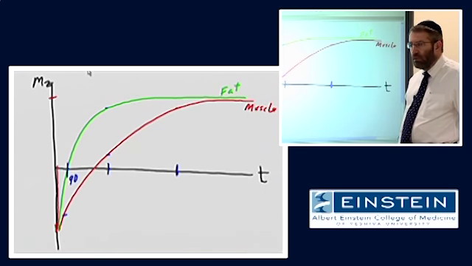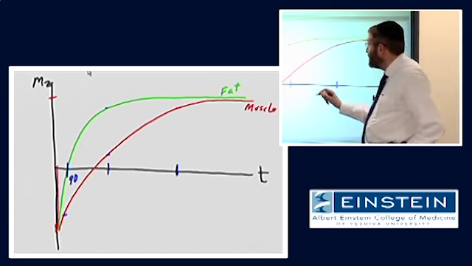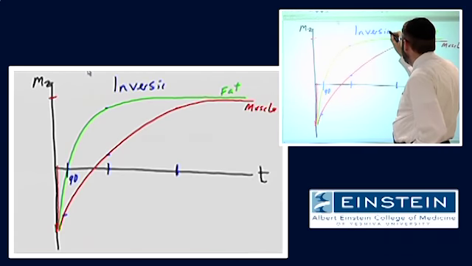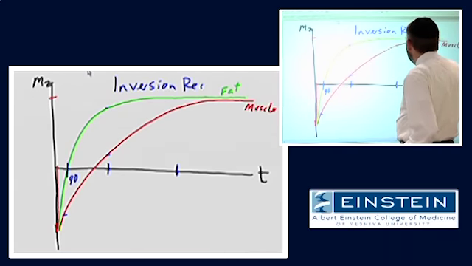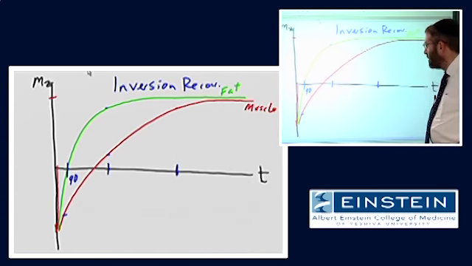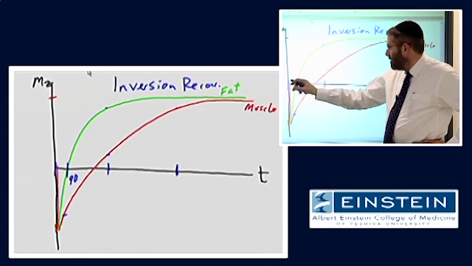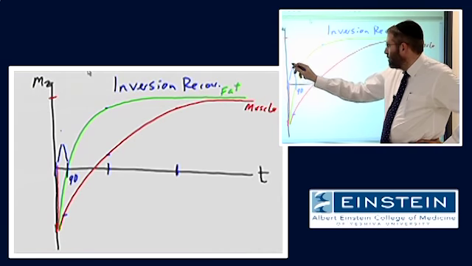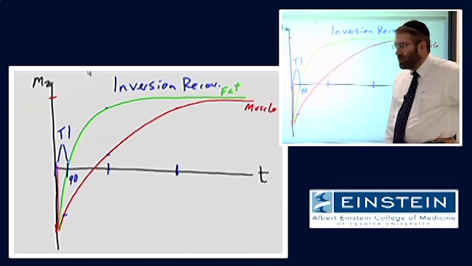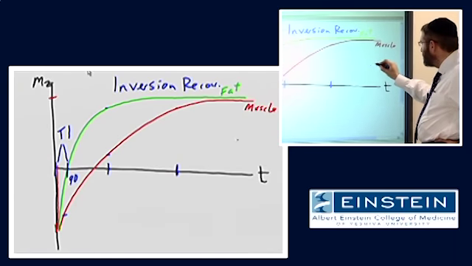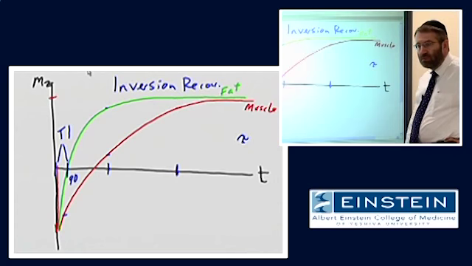Okay? Now, this approach is called inversion recovery. This time between the 90 and the 180 is called the inversion delay, time to inversion, sometimes goes by the letter tau.